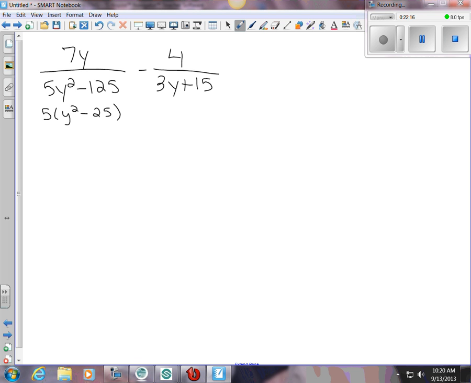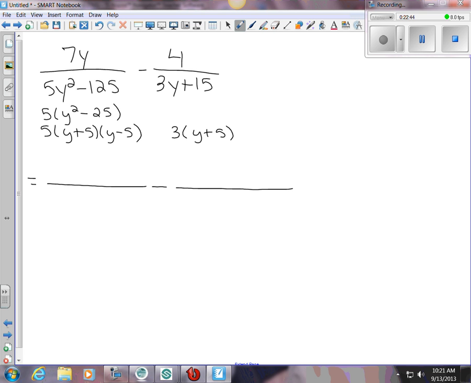Okay, that's our GCF, good. But what can I do to that? Difference of two perfect squares. So are we okay with that factoring piece? Second fraction, how does that factor? Okay, good.